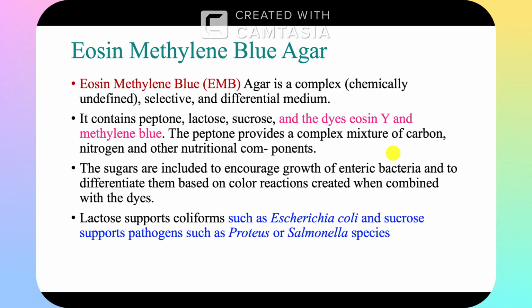The contents of the media contain lactose, sucrose, and the dyes eosin and methylene blue. The sugars are included to encourage the growth of enteric bacteria and to differentiate them based on the color reactions created when combined with the dyes.